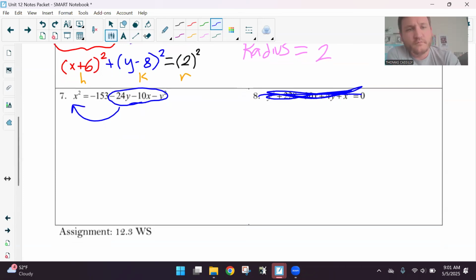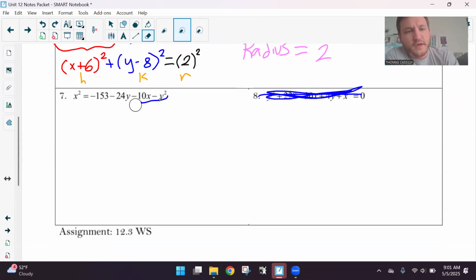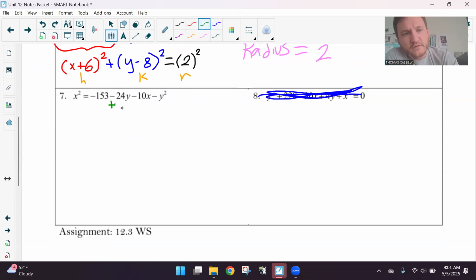So if we just kind of look at this and being very careful with those signs, we have to add 24y, we have to add 10x, and we have to add a y squared. All right, so add that to both sides. And then I'm not gonna write it on both sides. I'm just gonna go to the next step here. But I am gonna make sure I put them in the correct order.